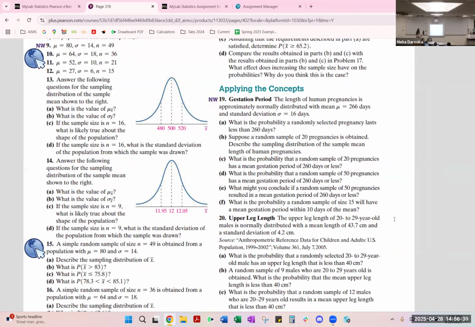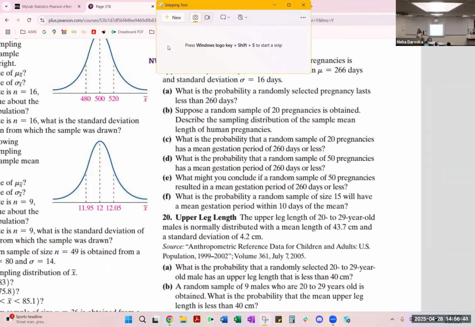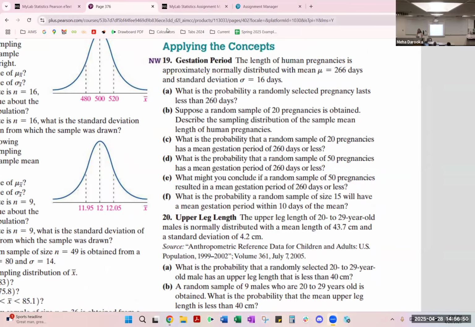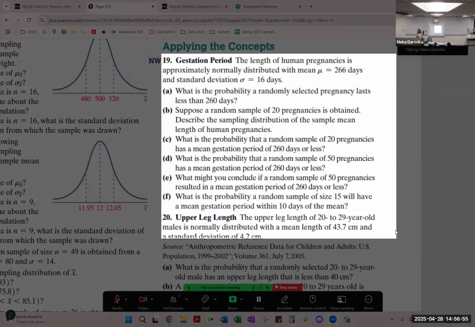Let's try and look at number 19 over here for our example. And again, I'll copy this over to our Google Sheets where we've been doing our classroom examples. You guys should have access to that.